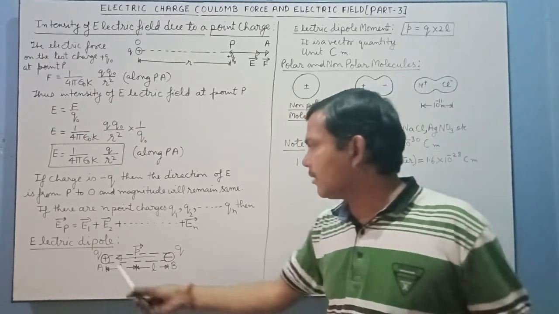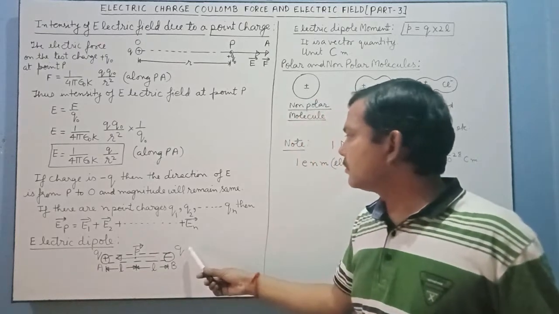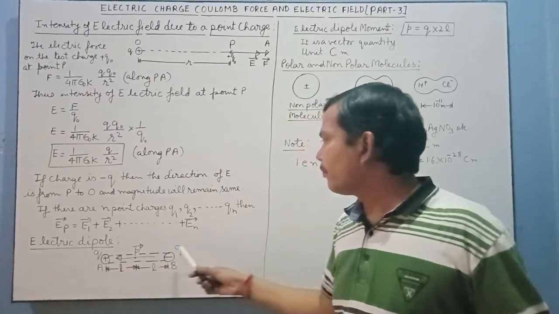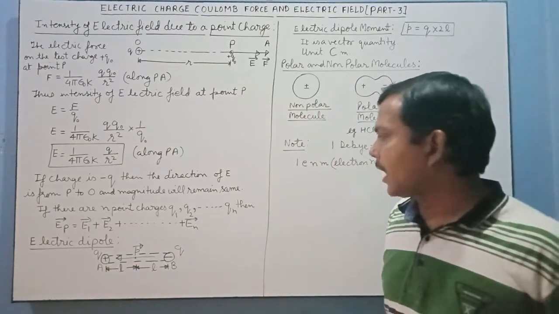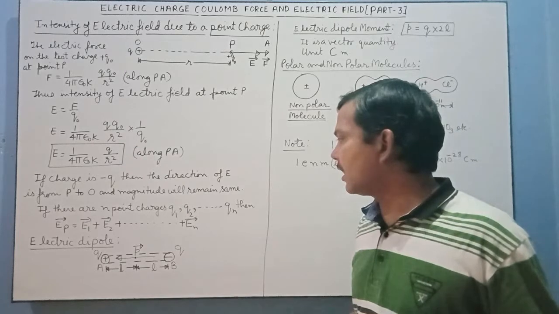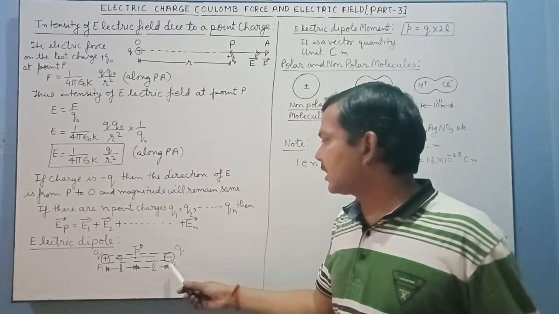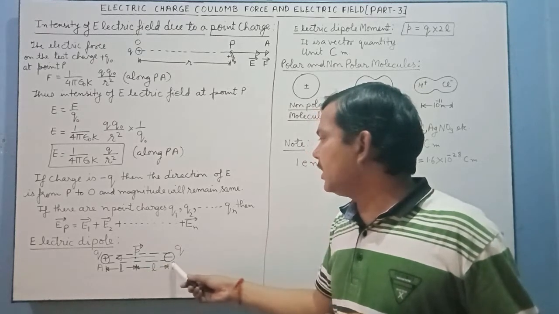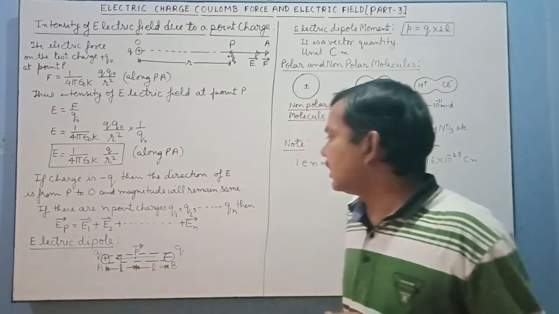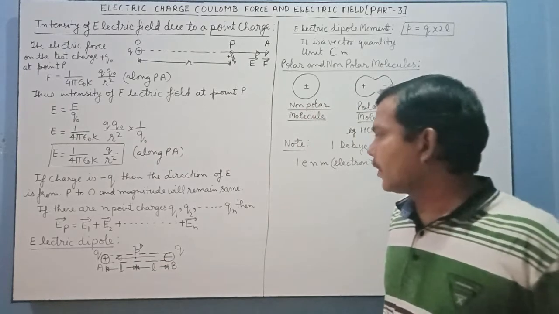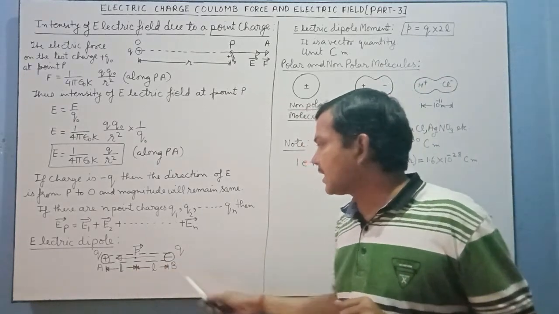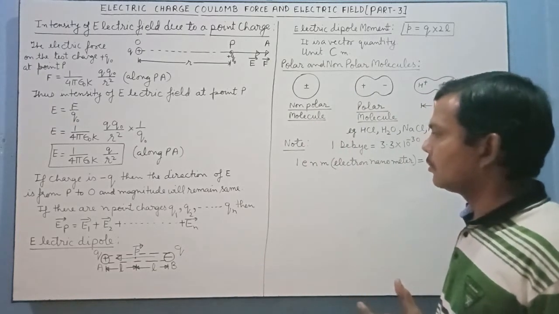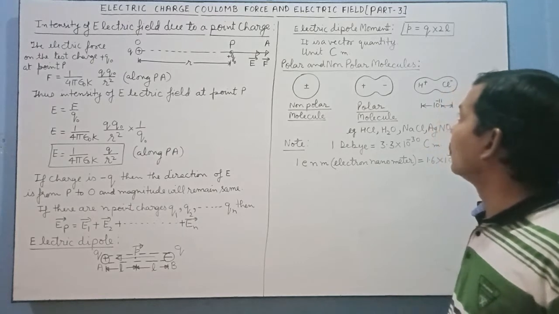Here I have considered two charges, plus Q and minus Q. These charges are the same in magnitude and opposite in sign, and I have considered that the distance from the center of each charge is small l. This distance between both these charges is very small, so this will constitute an electric dipole.